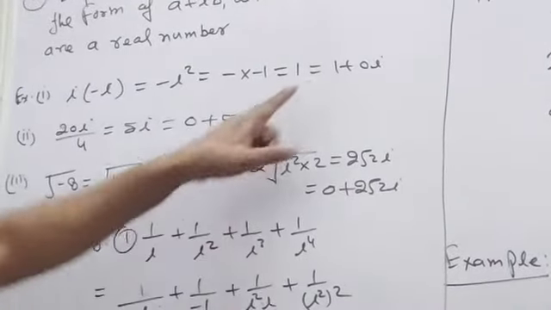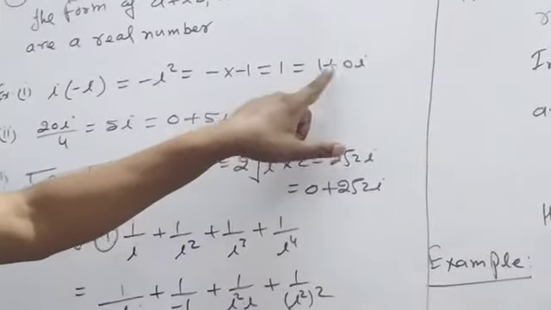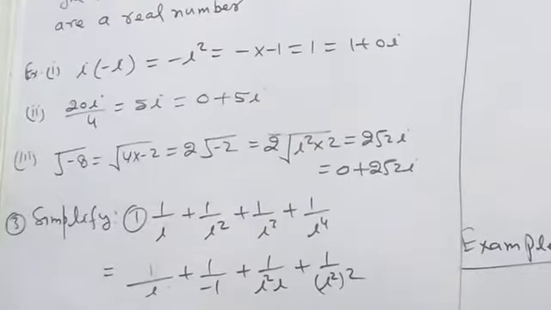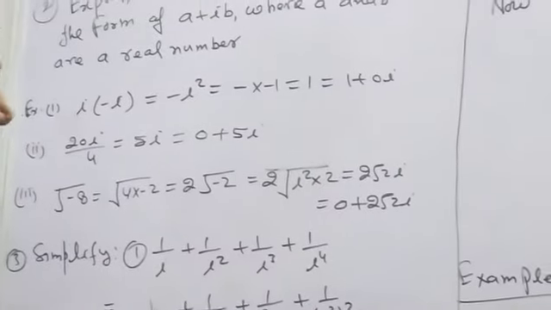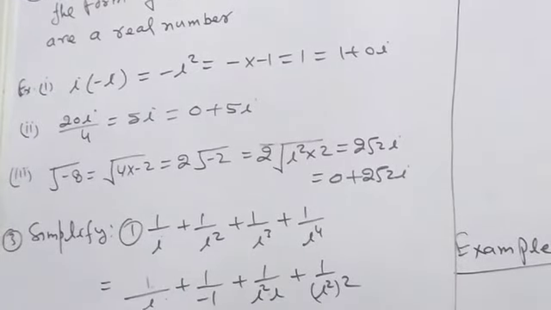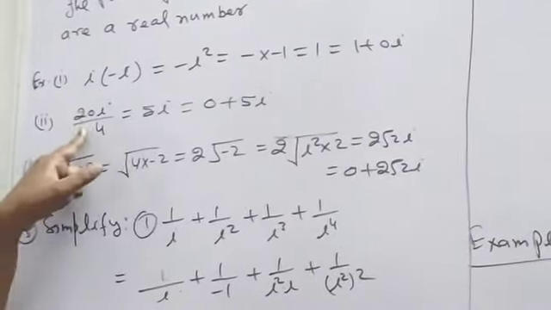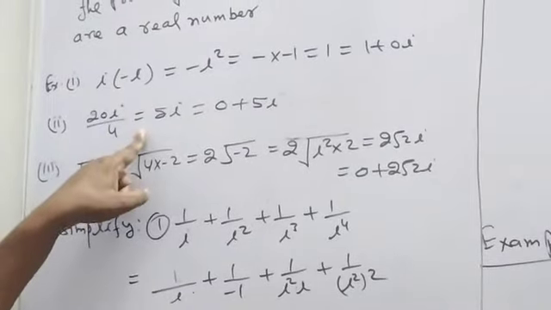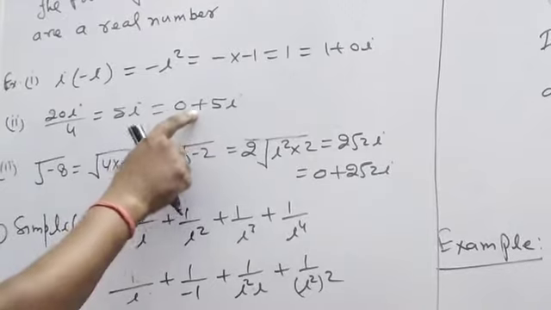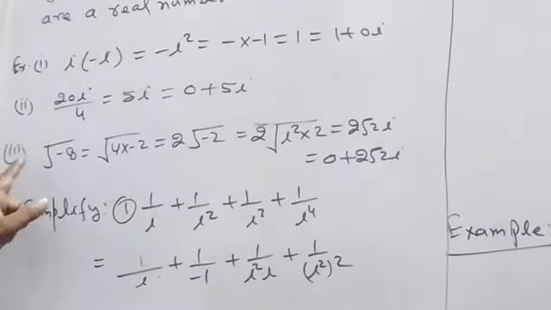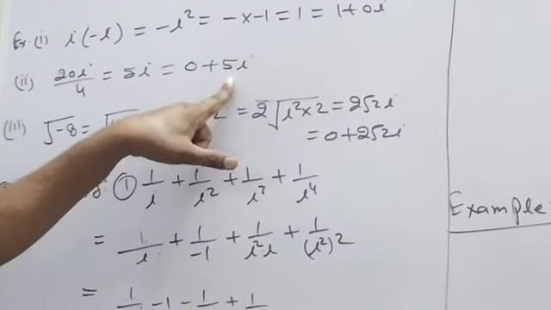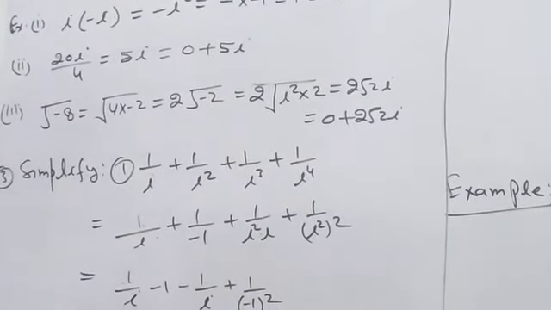Here 1 is real part and 0 is imaginary part. Means this goes in the form of a plus ib, that is 1 plus 0i. Now second example is 20i upon 4 is equal to 5i is equal to 0 plus 5i. Here 0 is real part and 5 is imaginary part. Clear? Very good.